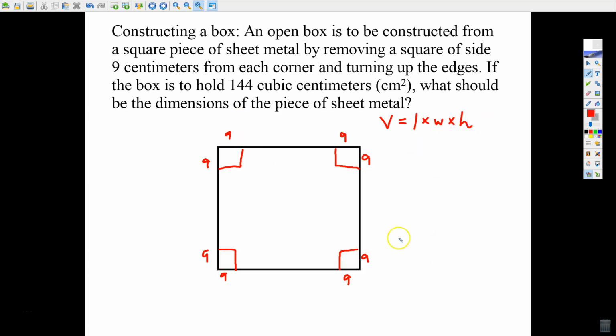Okay, so we have to figure out how to represent length and width, and then reason through what the height would be. Let's think about this. It's a square, so length and width will be the same.